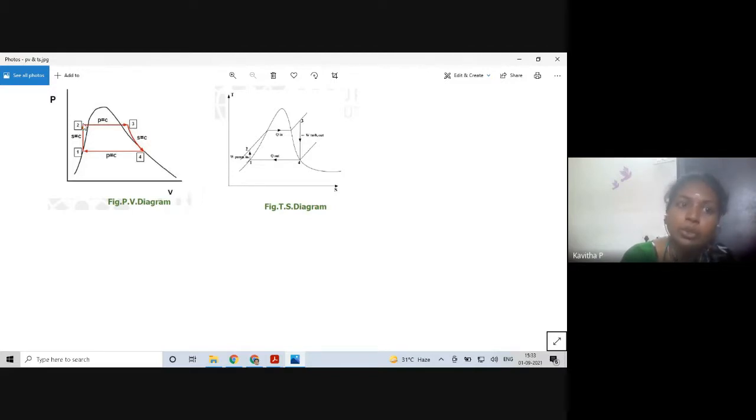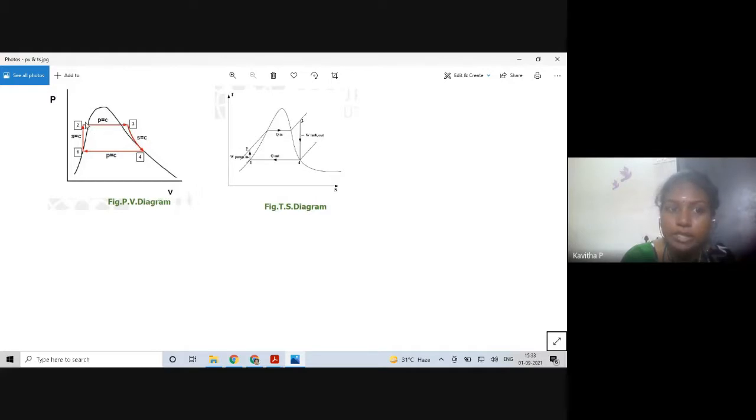From 2 to 3, first the water is converted into wet steam, then into dry steam, and then into superheated steam. In this region, the water is in liquid state. When it touches the curve, it begins to turn into wet steam. Once it touches this curve over here, it is converted into dry steam.